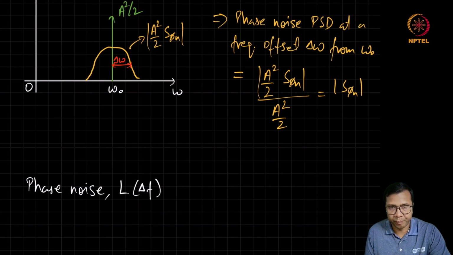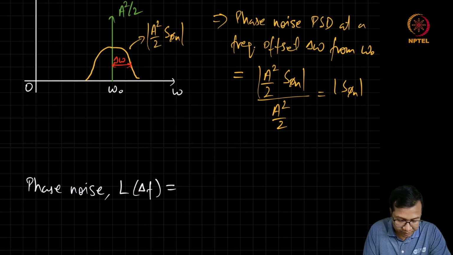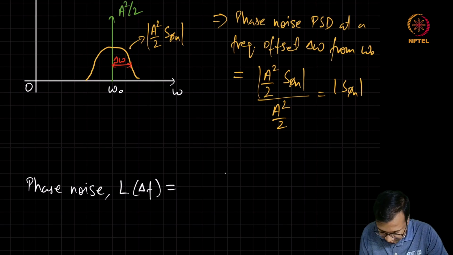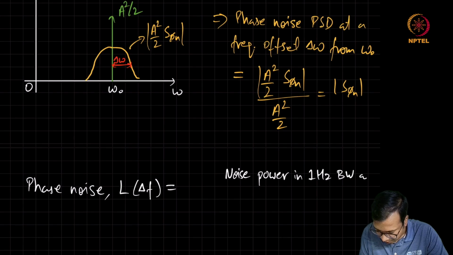For a frequency offset of delta f, we try to find what is the noise PSD at this offset delta f, which is the same as finding the noise power in a 1 Hz bandwidth at the offset delta f.